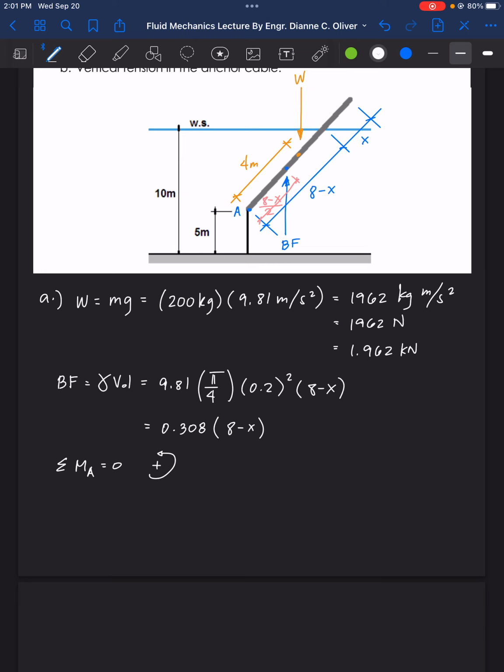Therefore, we will find here the value for BF positive.